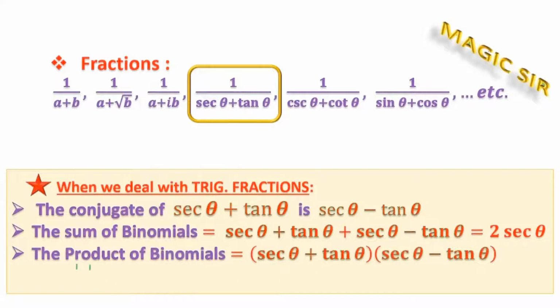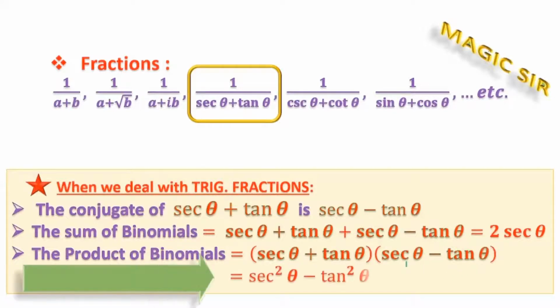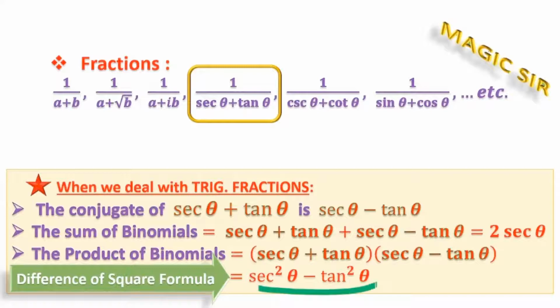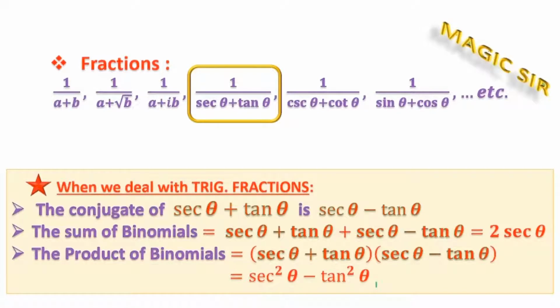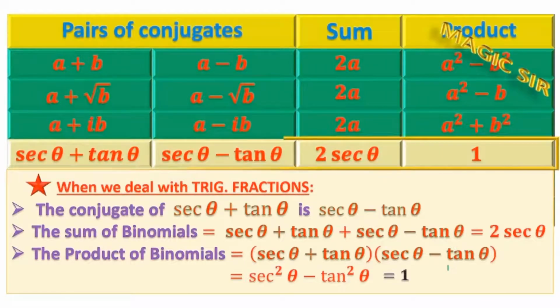The product of binomials is equal to sec theta plus tan theta into second bracket sec theta minus tan theta. Using the difference of square formula, we get the product is equal to sec square theta minus tan square theta. And we know that sec square theta minus tan square theta is equal to 1.